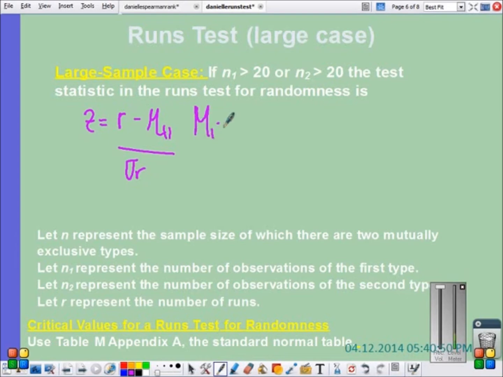Mu is equal to 2 times n1 times n2, divided by n, plus 1.